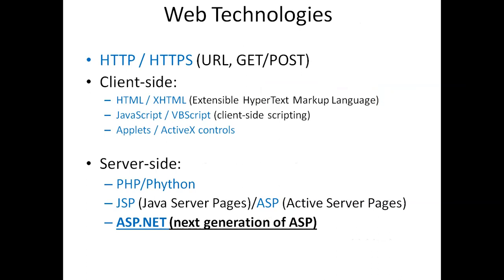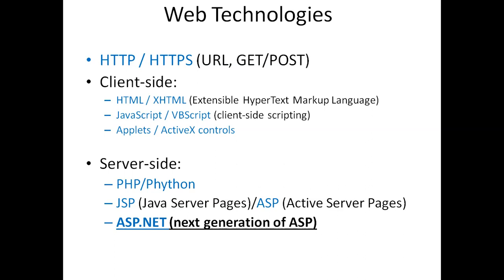On the client side, generally we require HTML, XHTML, JavaScript, VBScript, applet, and ActiveX programming. And HTTP and HTTPS are the protocols under which we use URL and the get and post methods. On the server side we require either PHP or Python, JSP, or ASP or ASP.NET.